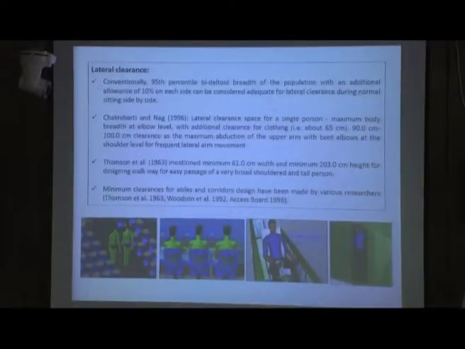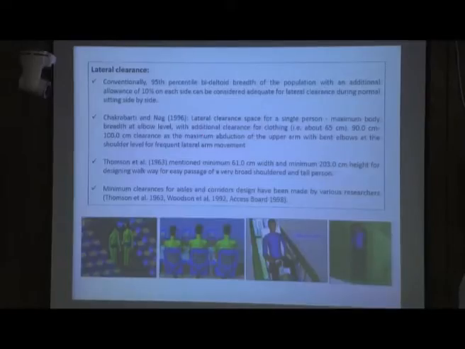Chakraborty and Nag 1996 mention lateral clearance space for a single person, that is maximum body breadth at elbow level with additional clearance for clothing, about 65 centimeter. So 90 centimeter to 100 centimeter clearance as the maximum abduction of the upper arm with bent elbow at the shoulder level for adequate lateral movement.